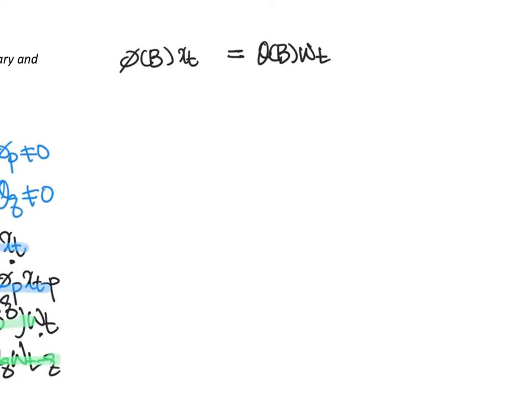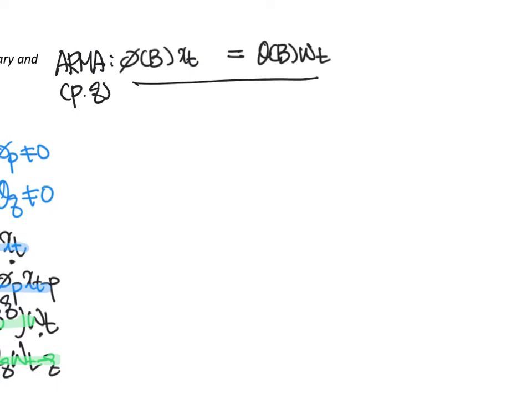The very beginning was phi of B x t is equal to theta of B w t, which is the ARMA(p,q).